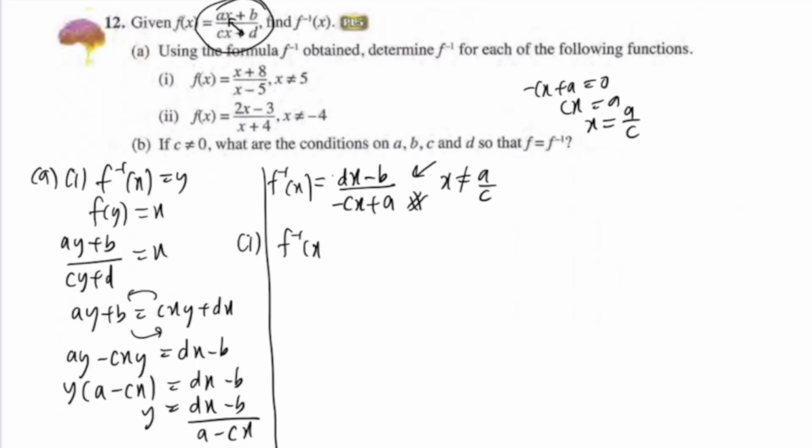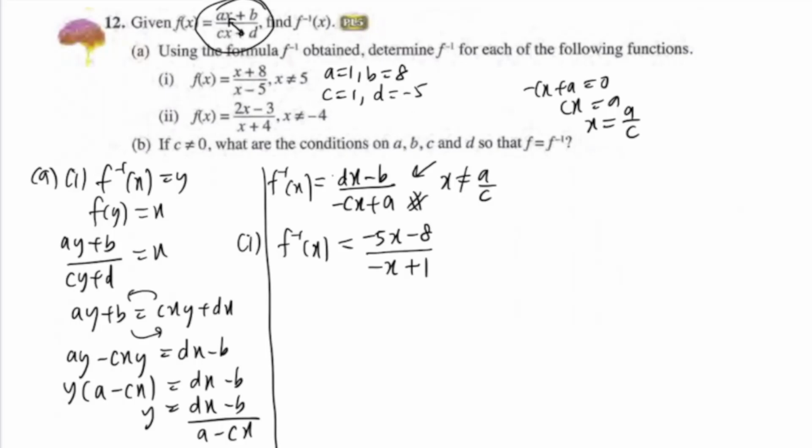Okay, let's see how to inverse Roman 1. So you interchange a and d. My a is 1, my b is 8, my c is 1, my d is negative 5. So we put negative 5x, b is 8, put a negative in front, c is 1, put a negative in front, d I switch down, a I put down, plus 1.